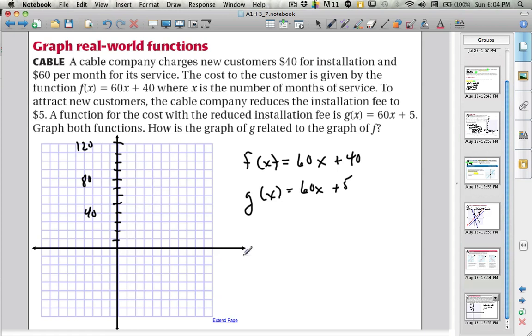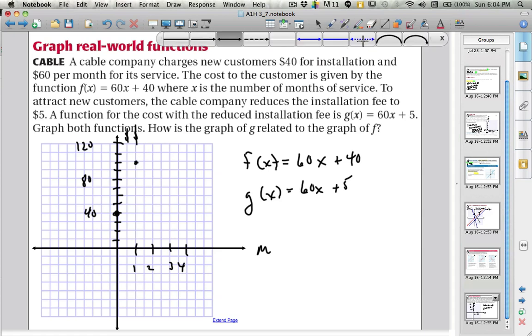And then in this direction, we're just going to look at number of months. So I'm just going to 1, 2, 3, 4, 5. So this is months. This is dollars. I see that my y-intercept here is 40. That's right there. And I know that for every month I'm going to go up 60, so that would be up to 100 here. And this is what my graph is going to look like.